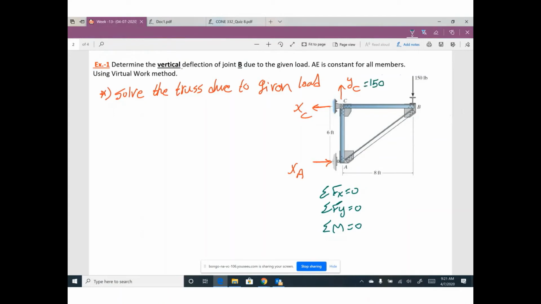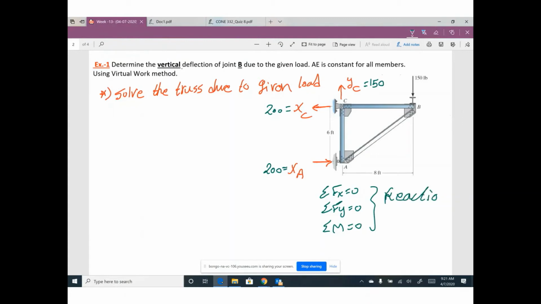Then 150 times 8 divided by 6, I think the reaction XA will be 200, and XC will be 200.